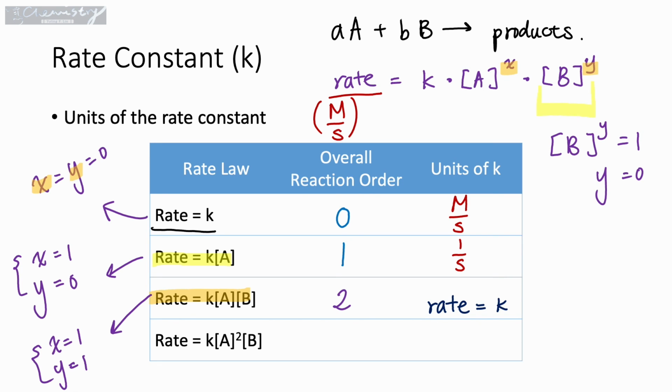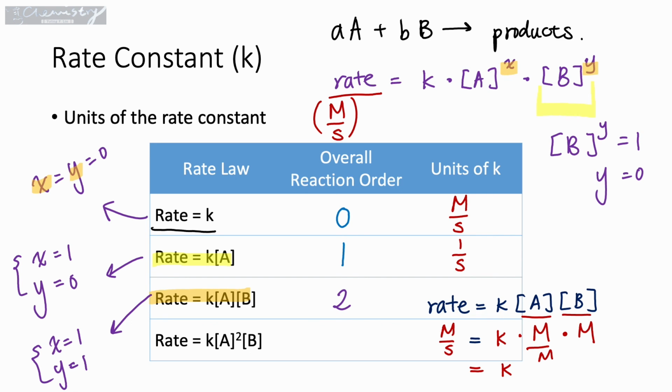So again, rate equals k[A][B]. The units for rate is molarity over seconds. It's equal to k. We don't know the unit yet, so we're just going to keep it as k. The units for concentration is molarity, and it's 2 molarities because it's the concentration of A and B. So to isolate k, we divide both sides by molarity squared, right?